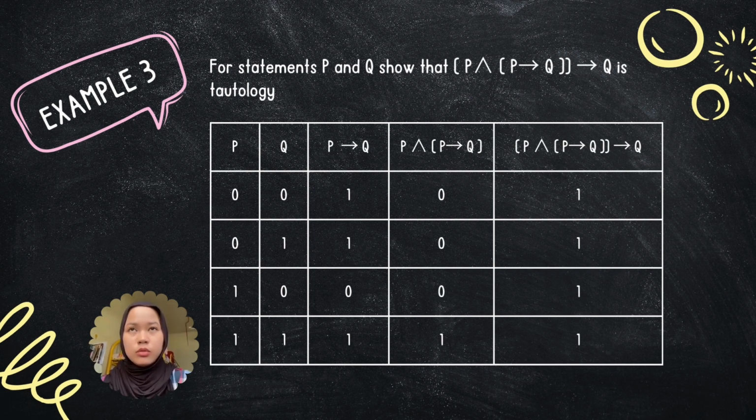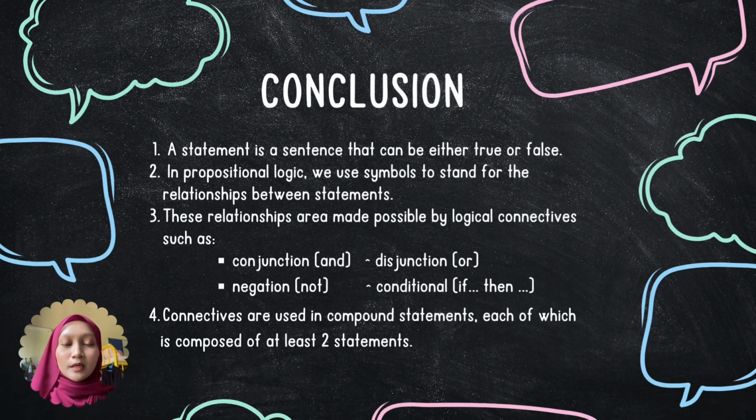Since the truth values for the last column are all equal to 1, so (P and (P implies Q)) implies Q is a tautology. In conclusion, a statement is a sentence that can be classified as either true or false. In propositional logic, symbols are used to represent the relationship between statements.